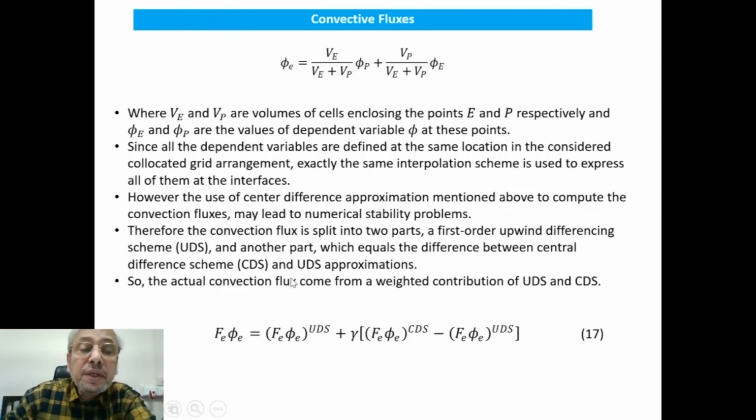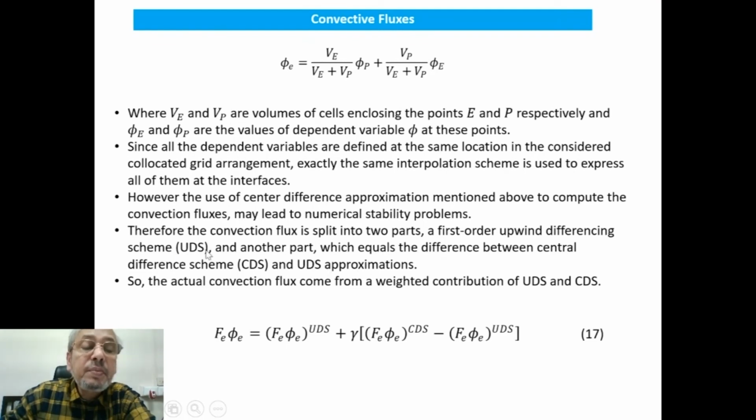Therefore, the convection flux is split into two parts: a first order upwind difference scheme, which we are calling UDS, and another part which equals the difference between central difference and upwind difference approximation.